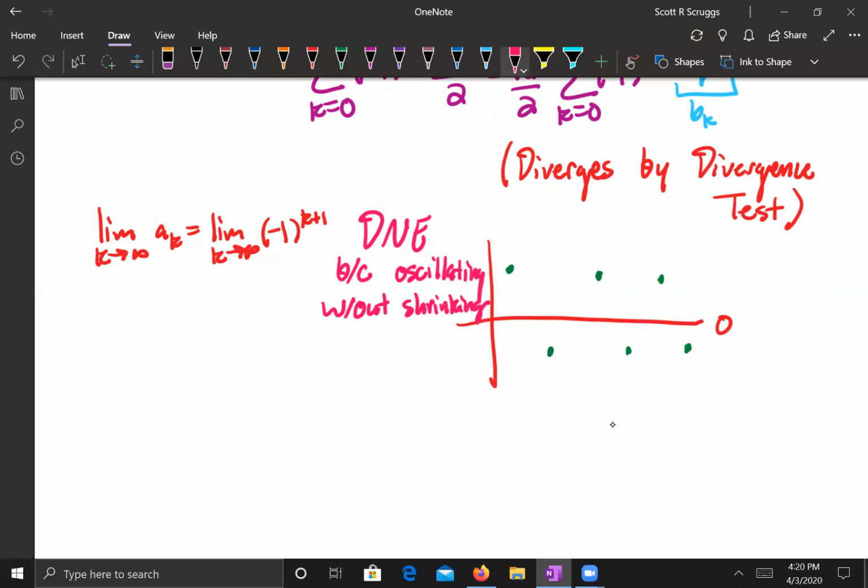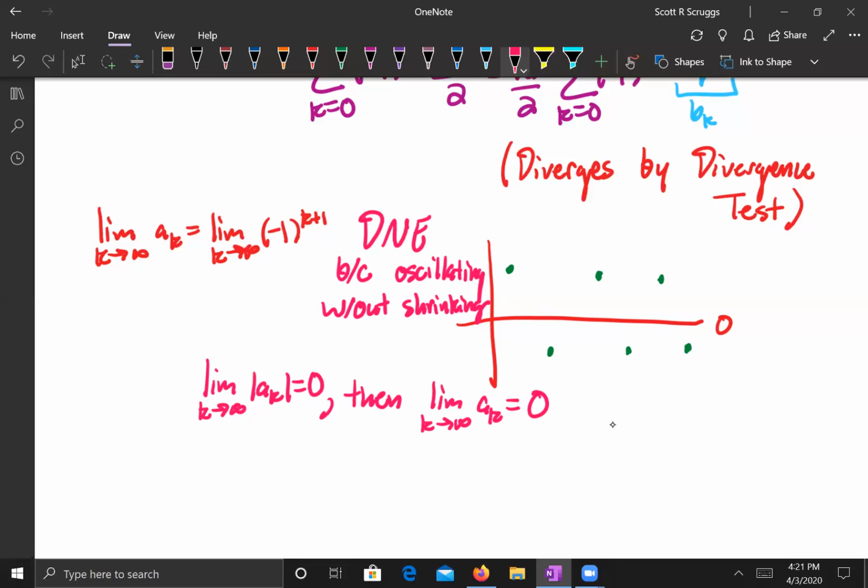Because remember our result before, where I could have a negative 1 to the kth power that still converges or gives us a limit, where we use the property: if this limit equals 0, then the limit of that sequence goes to 0.